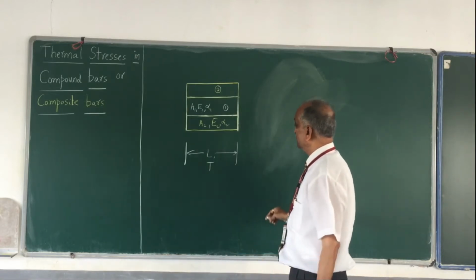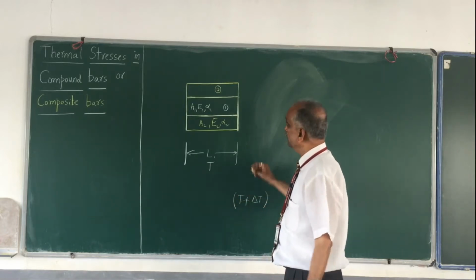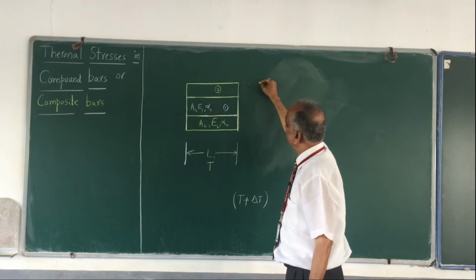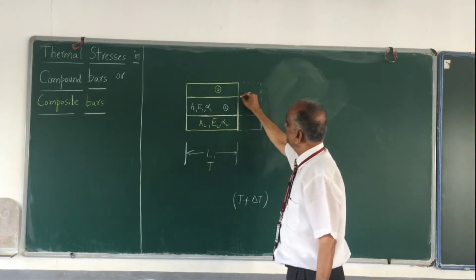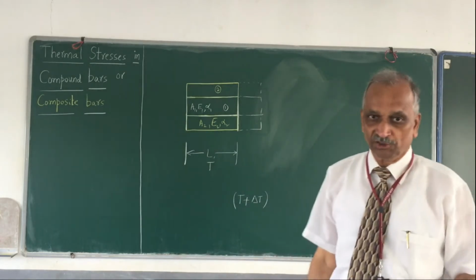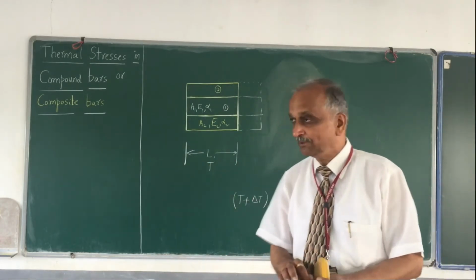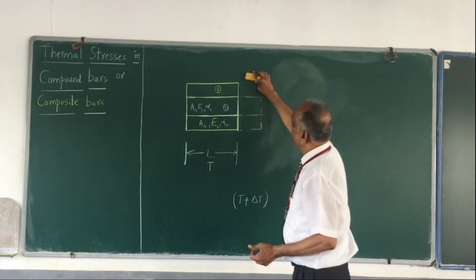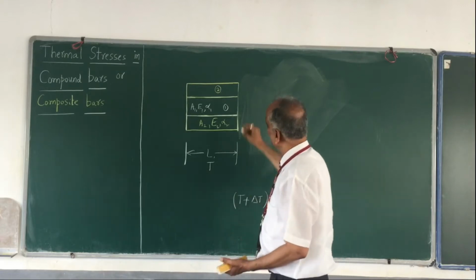So if the temperature increases, now say T plus delta T, this portion may become something like this. What I mean is the outside one and the inside one must undergo the same amount of extension. This is what I want and this is what shall happen. So how does it happen?